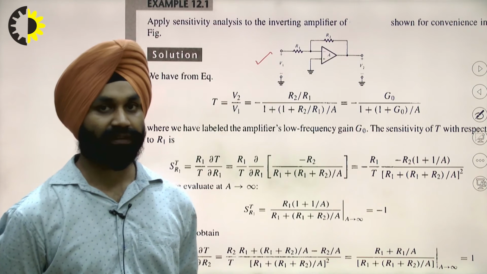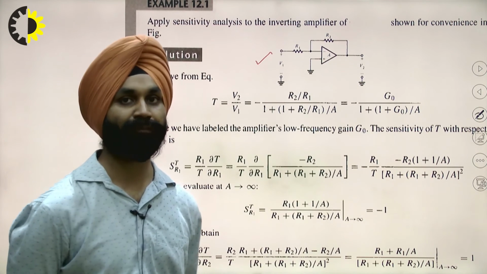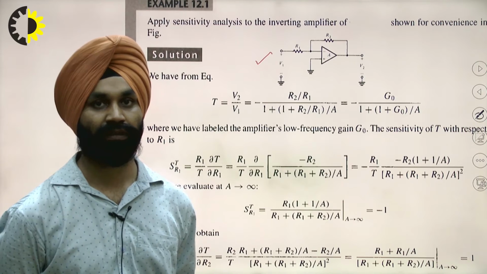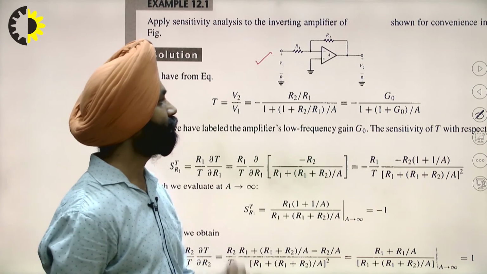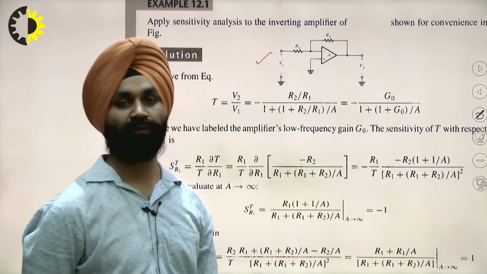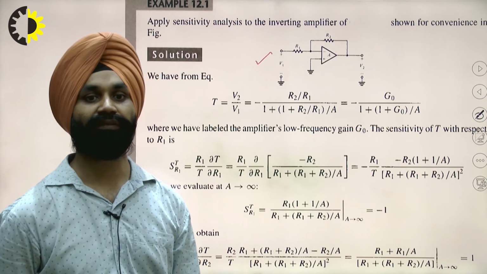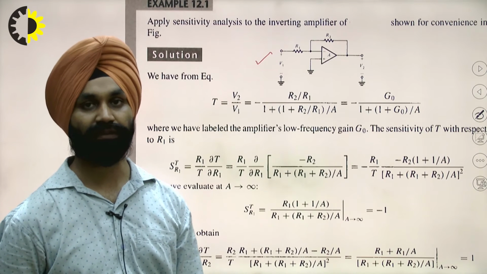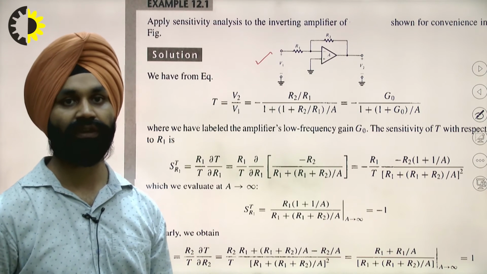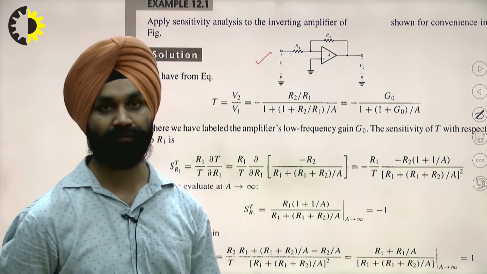This example gives us an inverting amplifier which has R1, R2, and V1, V2 are the input and the output voltage. We have to find out the sensitivity with respect to R and the other components. Obviously here we have R only, so we have to take the sensitivity with respect to R.